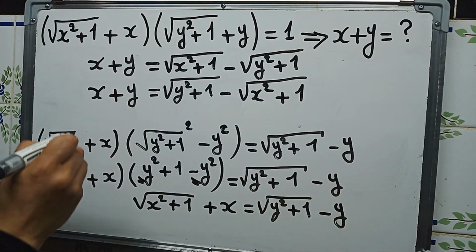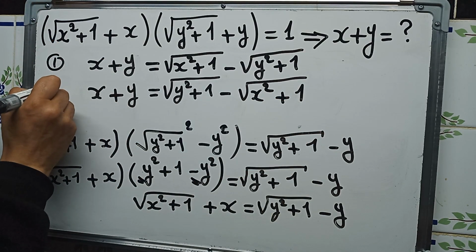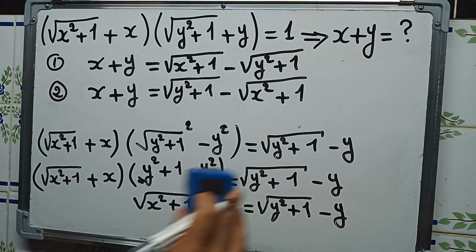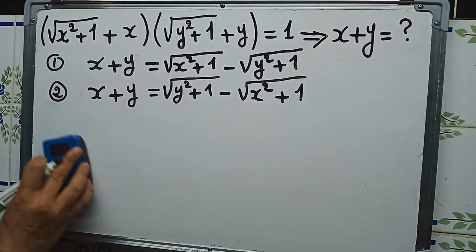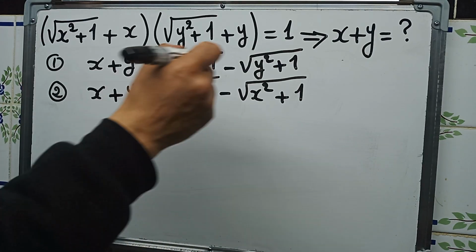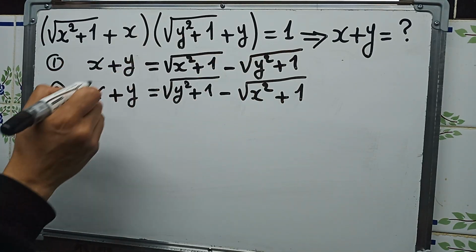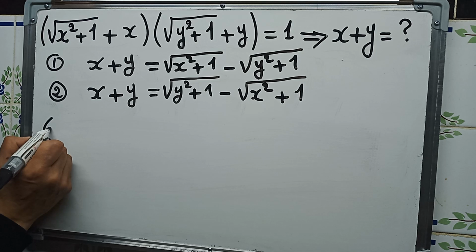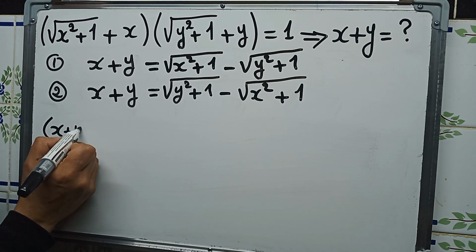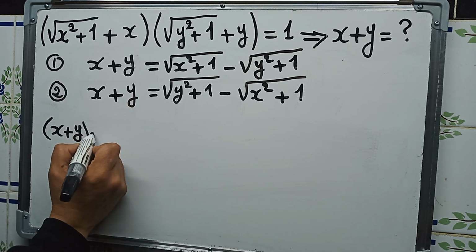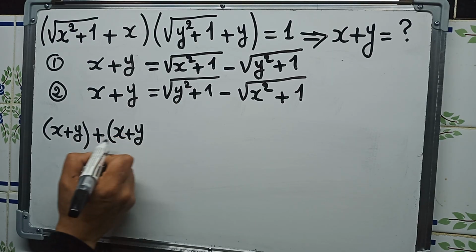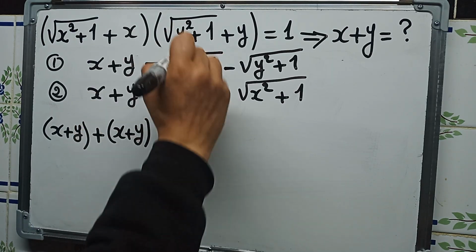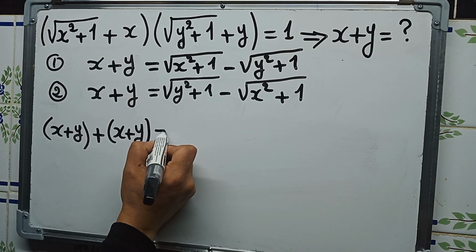Now we have two equations, 1 and 2, and what we will do is just to sum them term to term. So if we sum those two equations term to term, we will have here x plus y plus x plus y is equal to the sum of those two terms.